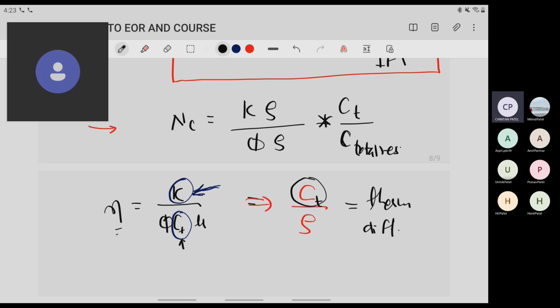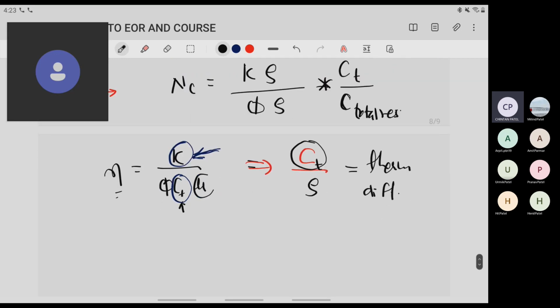Porosity we do not have, only density with us. Or density can be produced, C_t can produce, or viscosity we do not have. Okay, got it. Yes, it can be, because I think this is C_t by rho.